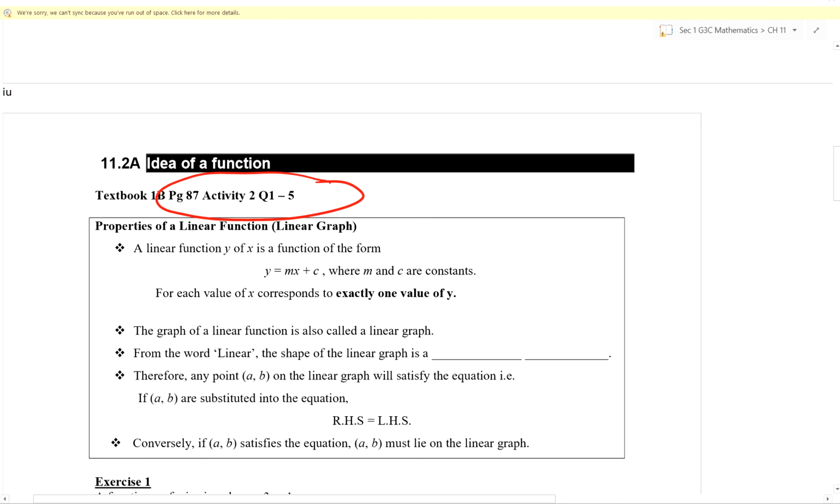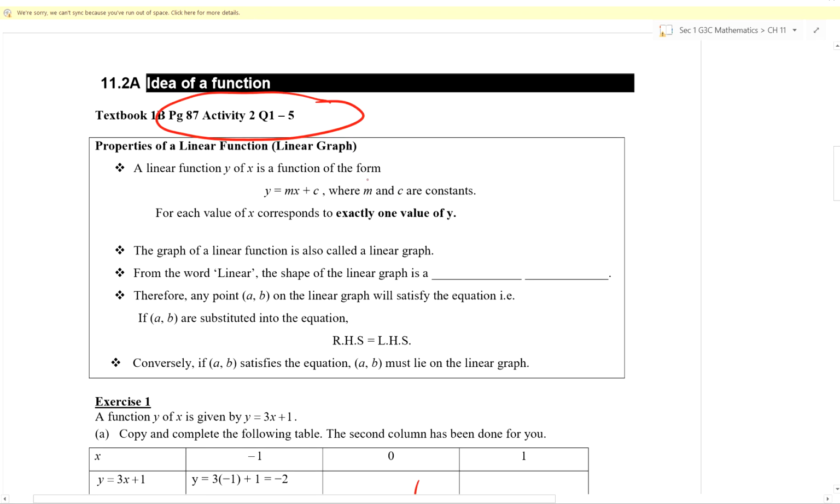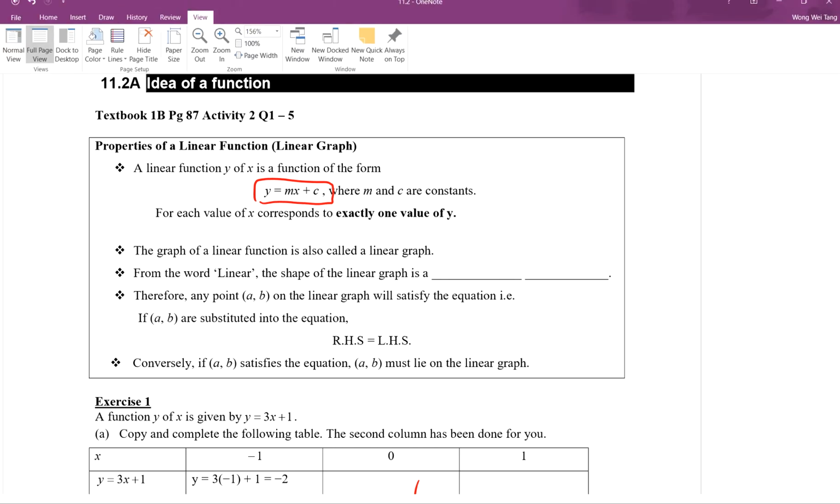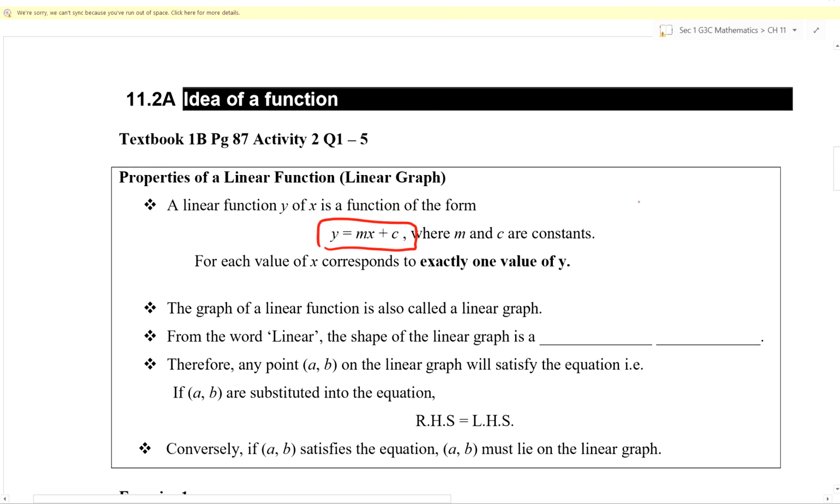So here, we have some properties of a linear function. A linear function is an equation that looks like this: y equals mx plus c. We know that both y and x are known as variables.